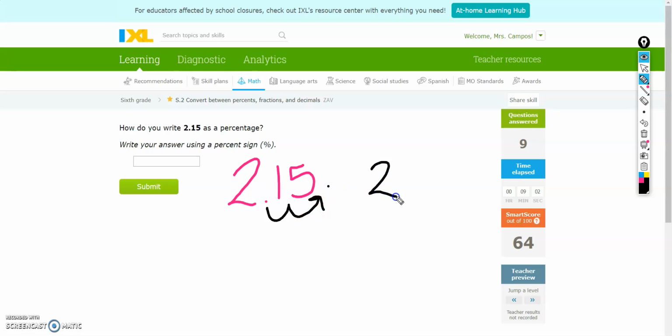That makes it 215%. That's a lot. Anytime you have a number that is more than one whole, that means that it's over 100%. Or if it's one whole or more, it's 100% or more. So here we have 215%.